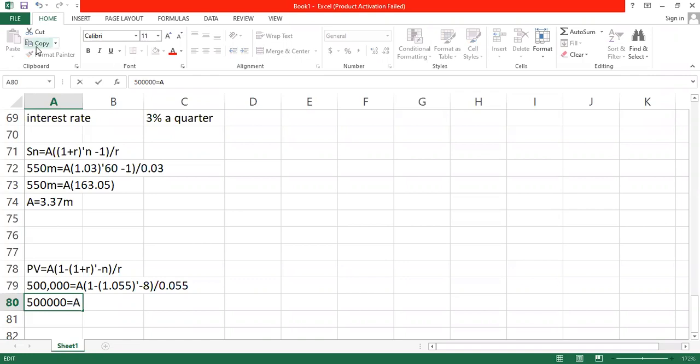So I have A into brackets 6.335. What do we do to find A? We divide both sides by 6.335. 500,000 divided by 6.335.